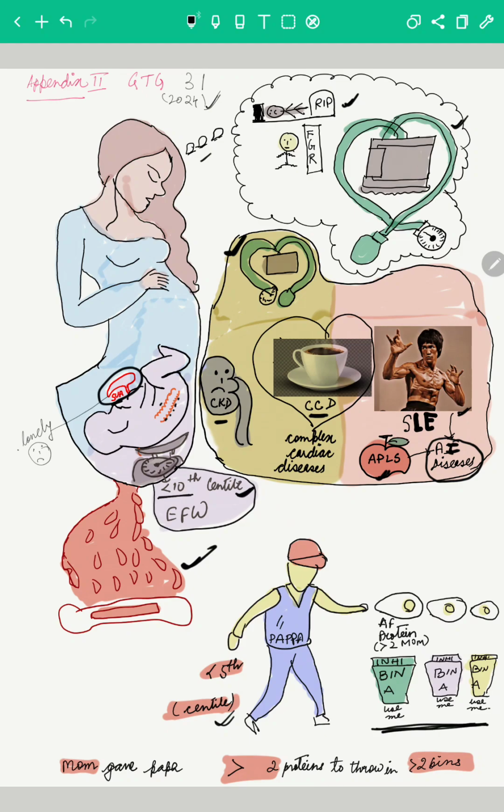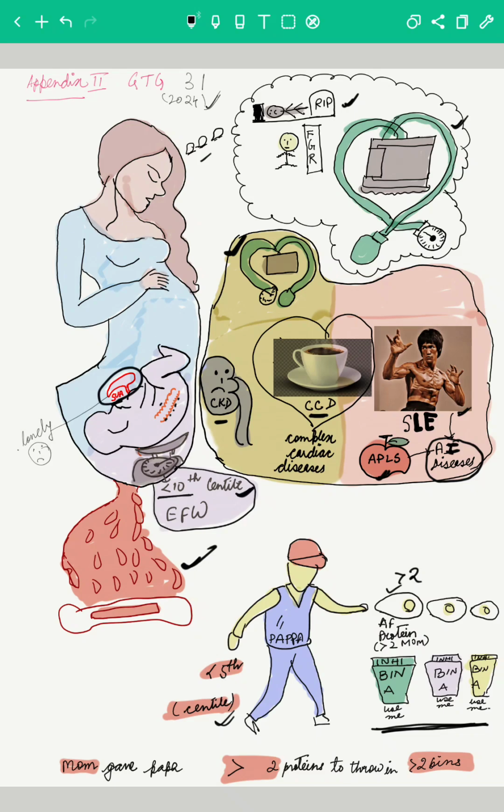That is, he had to put the proteins, more than 2 proteins, took a lot of them actually, and they had to be thrown in more than 2 bins. So mom puts Papa to work where he has to throw more than 2 proteins into more than 2 bins, because he had scored less than 5th centile.